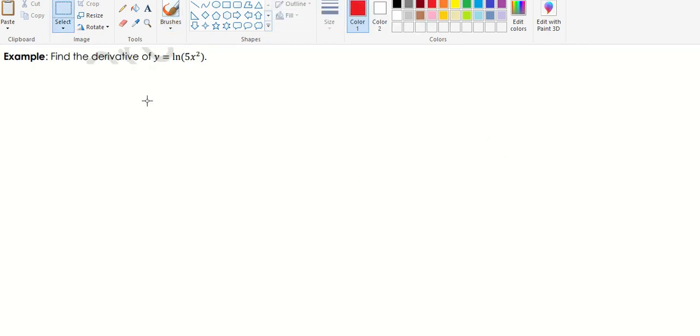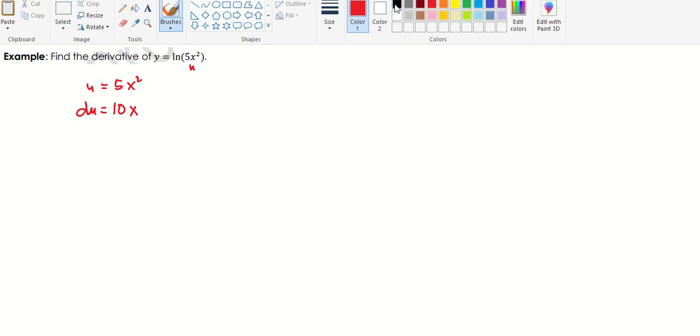Another example, we have y equals ln 5x squared. Again, let's first identify our u. In this case, our u here is 5x squared. So if u is 5x squared, then our du is 5 times 2, that is 10, x na lang. Alright?